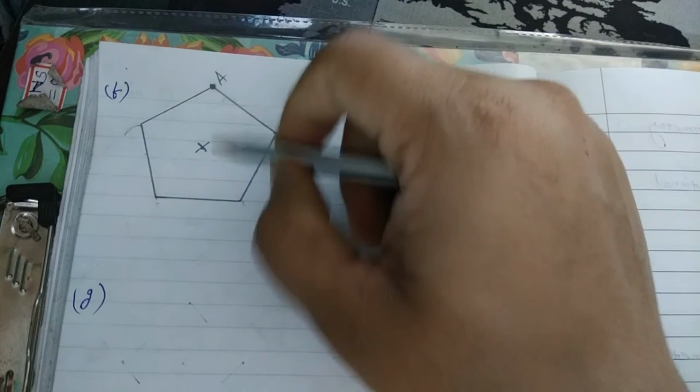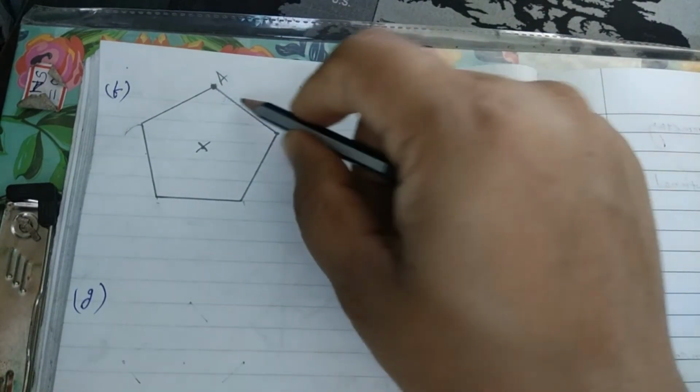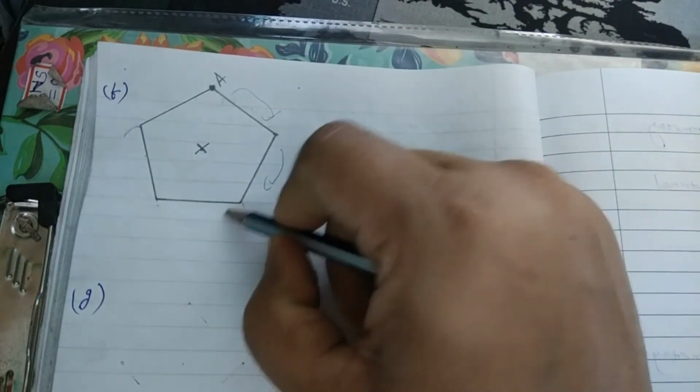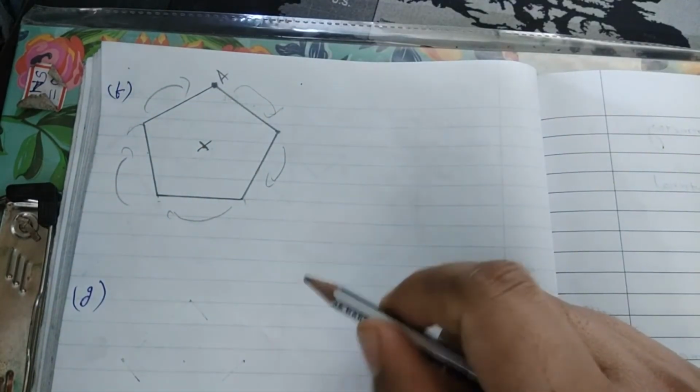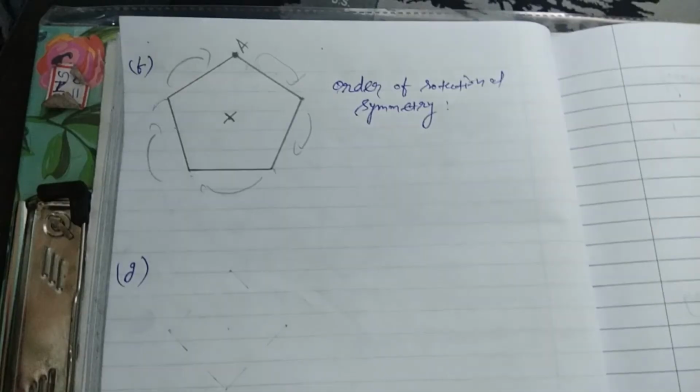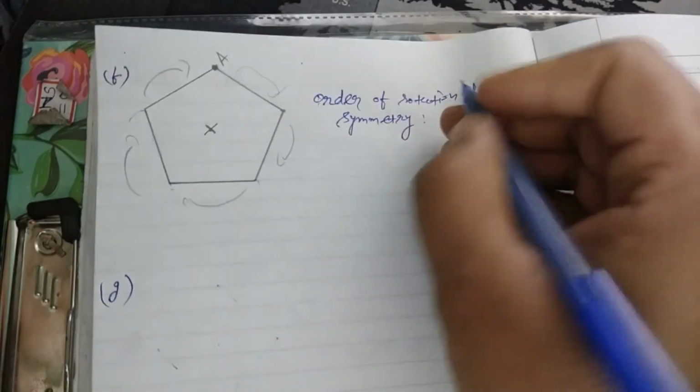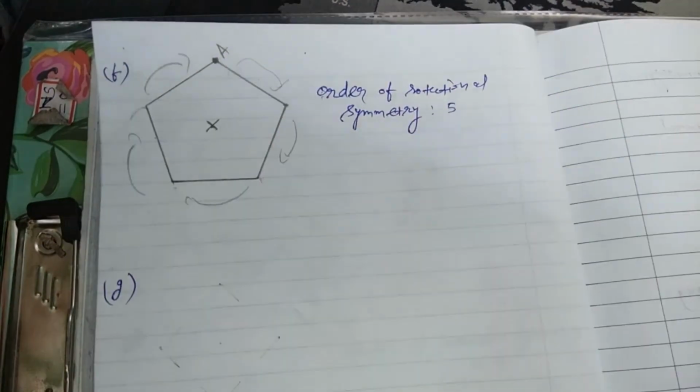So how many times have we rotated? 1, 2, 3, 4 and 5. So 5 times when you rotate this shape, you get exactly the same shape. So the order of rotational symmetry for a regular pentagon is 5.